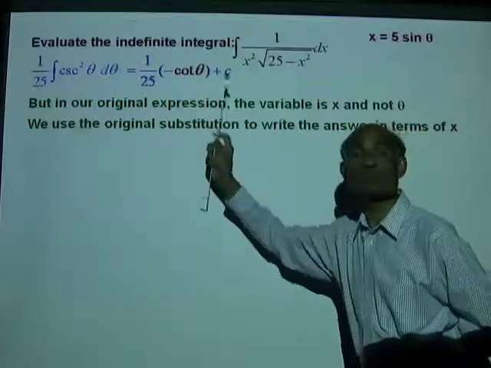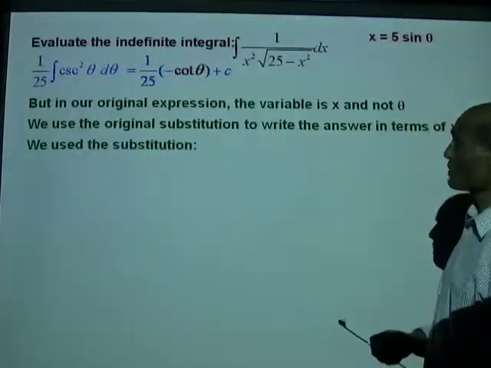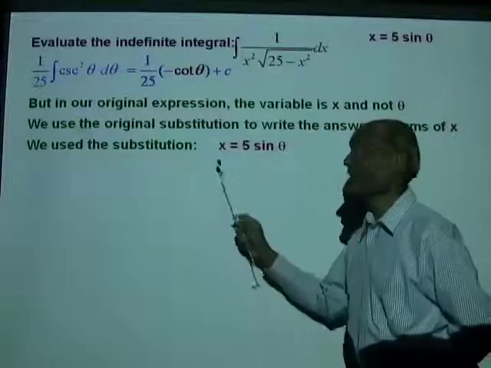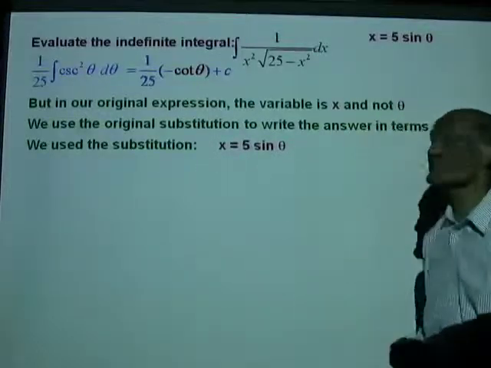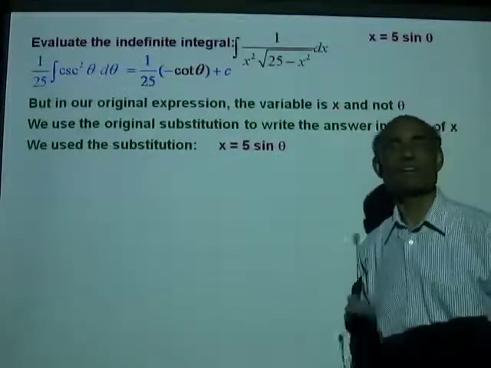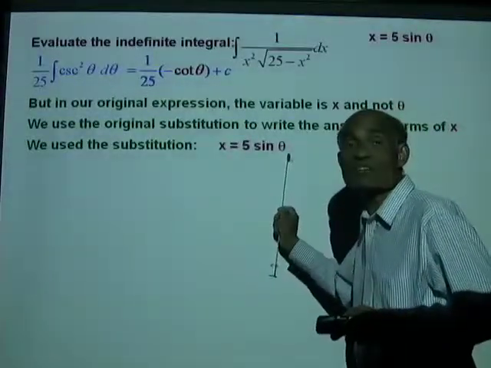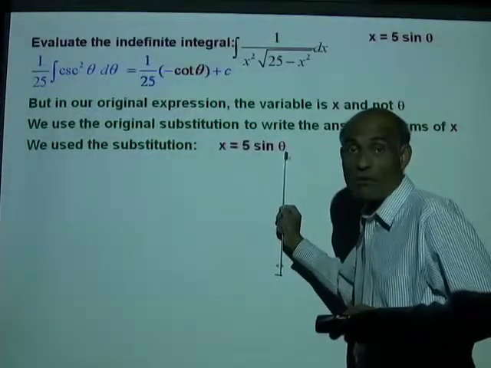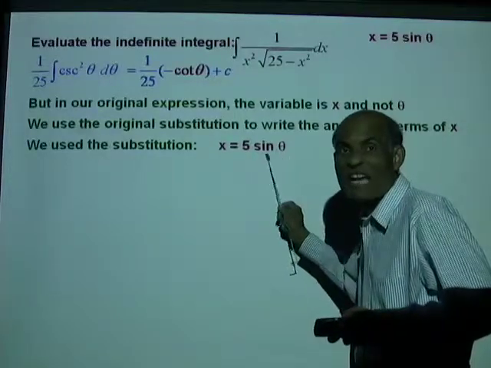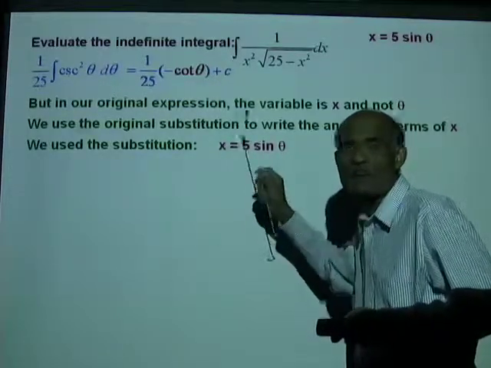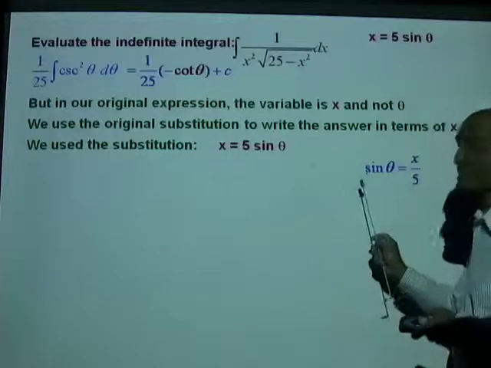Our answer needs to be in terms of x. So what is the original substitution? x equal to 5 sine theta. Now, can you visualize a triangle where theta is an acute angle and sine theta equals x divided by 5? There you go.